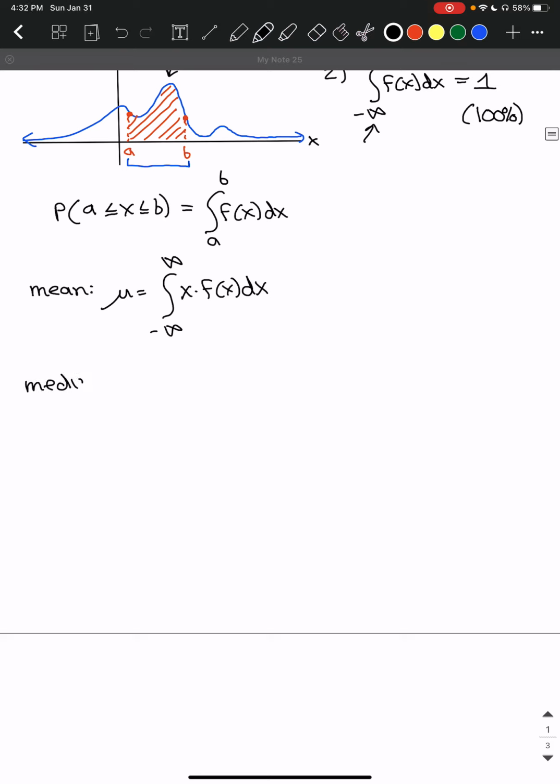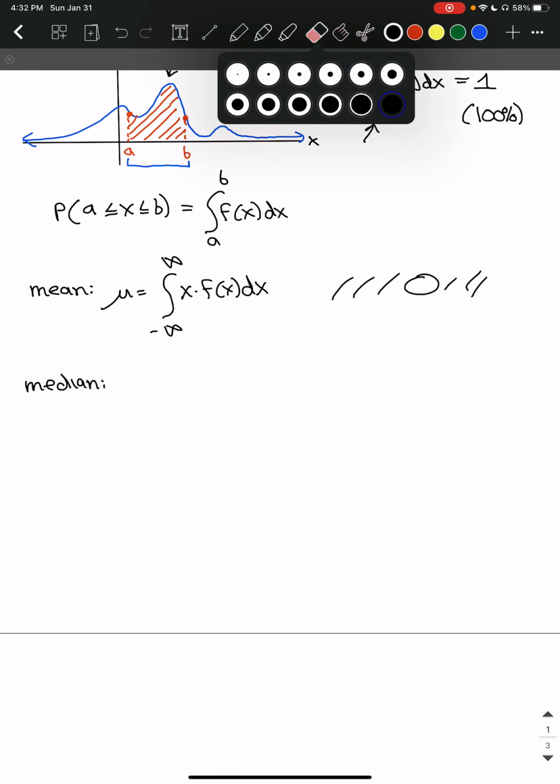And then the median, we remember the median to be the exact middle of my distribution. So the number of things on the left is equal to the number of things on the right. In elementary school, you remember tallying stuff off in a set of numbers to find the median.